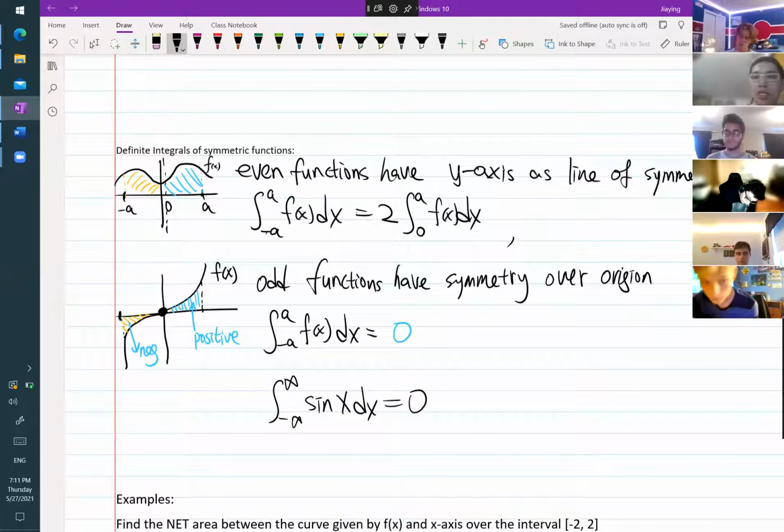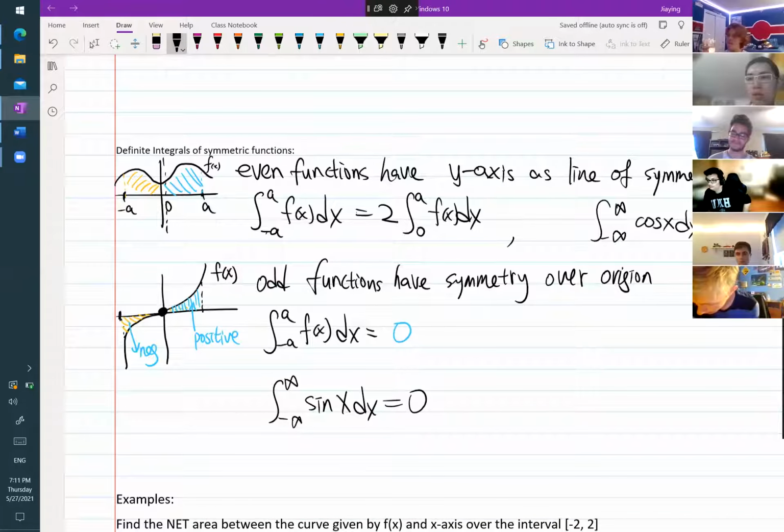But if the first case is like a cosine function, from 0 to, well, not negative. You know what? Let me take it back. I've got to be careful with this. So let's just say negative pi to positive pi. The cosine function is negative pi over 2 to pi over 2.